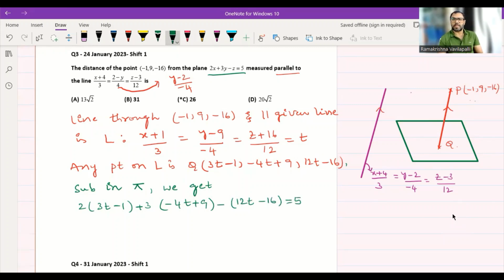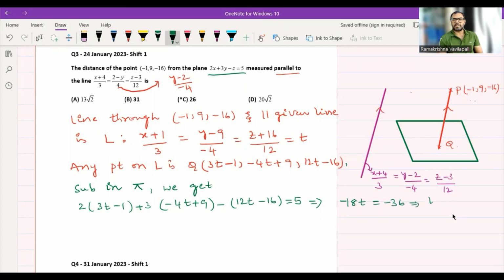So observe the diagram also. This gives us minus 24t, and this is 60, so minus 18t, and this is minus 2 and 27, 27 plus 16, 43, 43 minus 2, 41, bringing this side you will get minus 36.